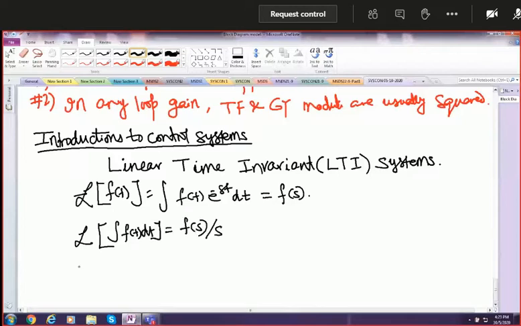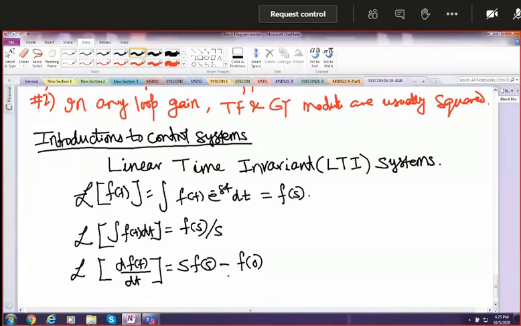Laplace transform of df(t) by dt is the opposite, s times F(s) minus f(0). So this is one condition.